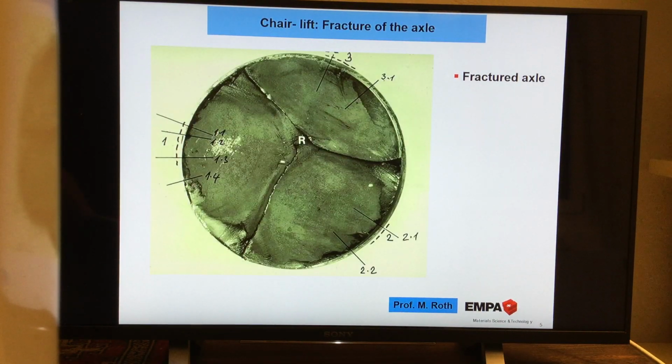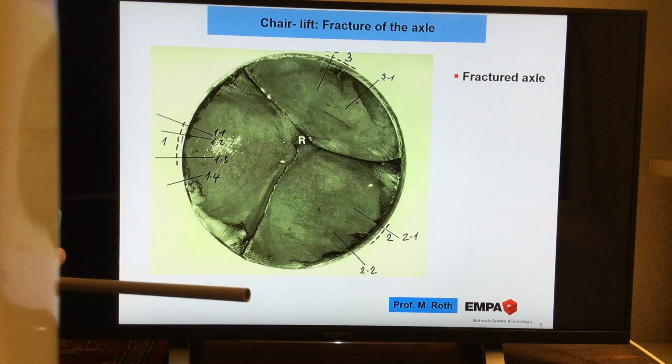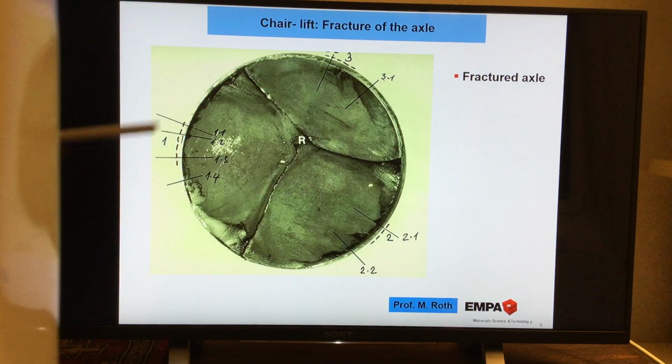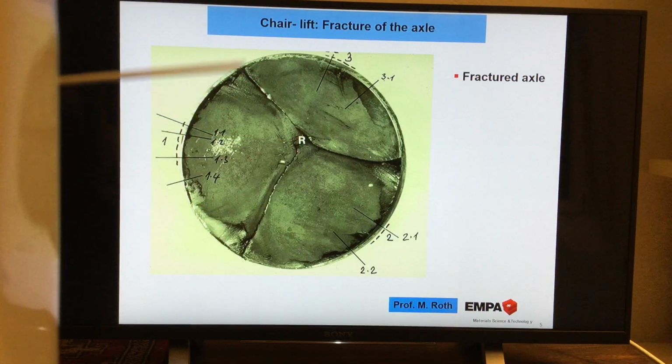You may think very carefully first when you look at this fracture surface what kind of fracture we have here. When I think of the students from recent years, different possibilities were discussed all the time. Somebody said, for instance, maybe the fracture started here, or maybe here, or here, or here.